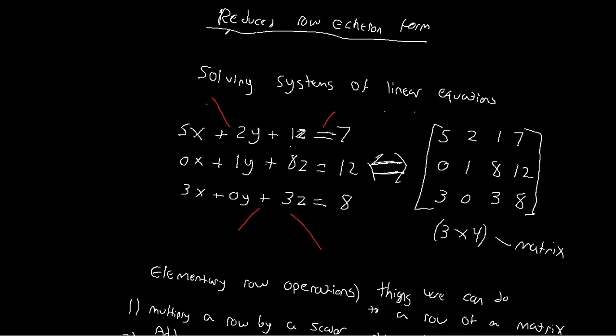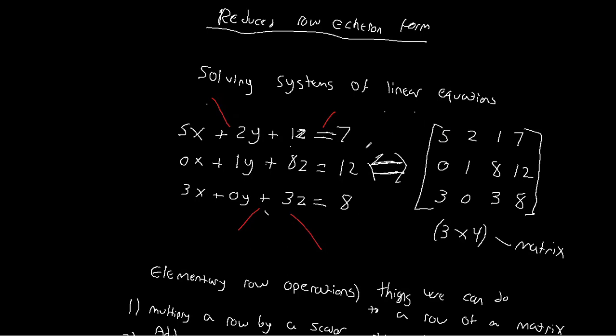And in this lecture video I want to continue our discussion on reduced row echelon form, and I want to tie it back to this idea of systems of linear equations. Now again, I want to stress that for this course we're not worried about the linear equation side of things. We're worried about the matrix side of things.